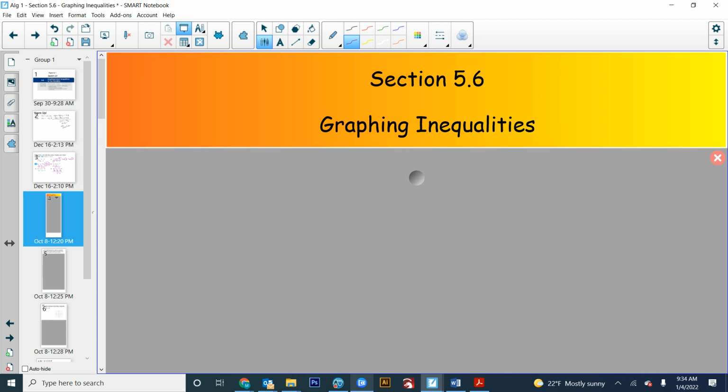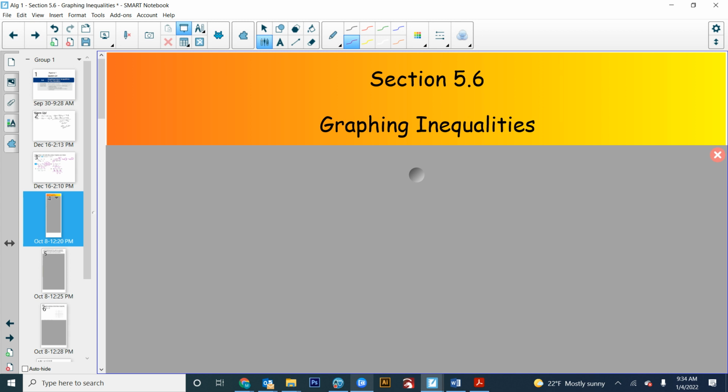Okay. Guys, what's an inequality? Zach? Greater than or equal to or less than. Less than, greater than, less than or equal to, greater than or equal to, right? Okay, here's the difference of what we're dealing with.